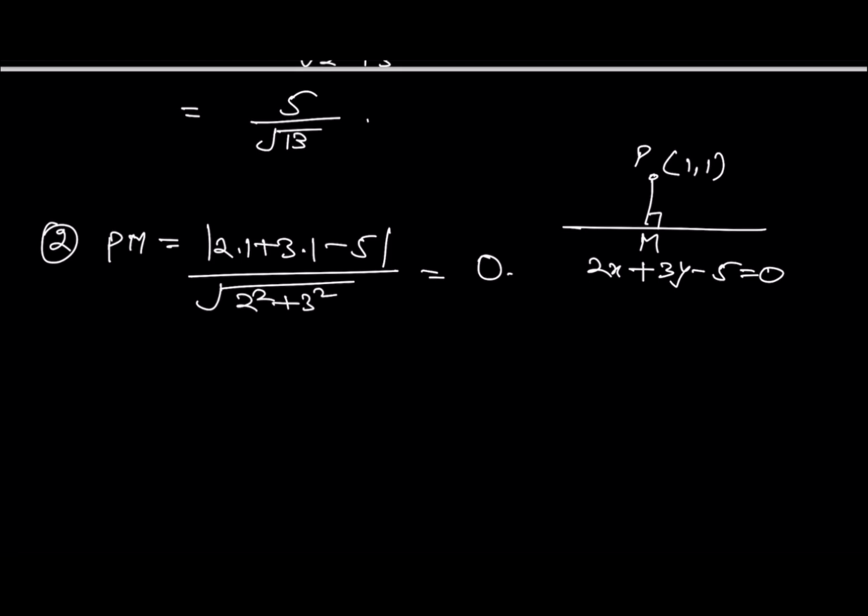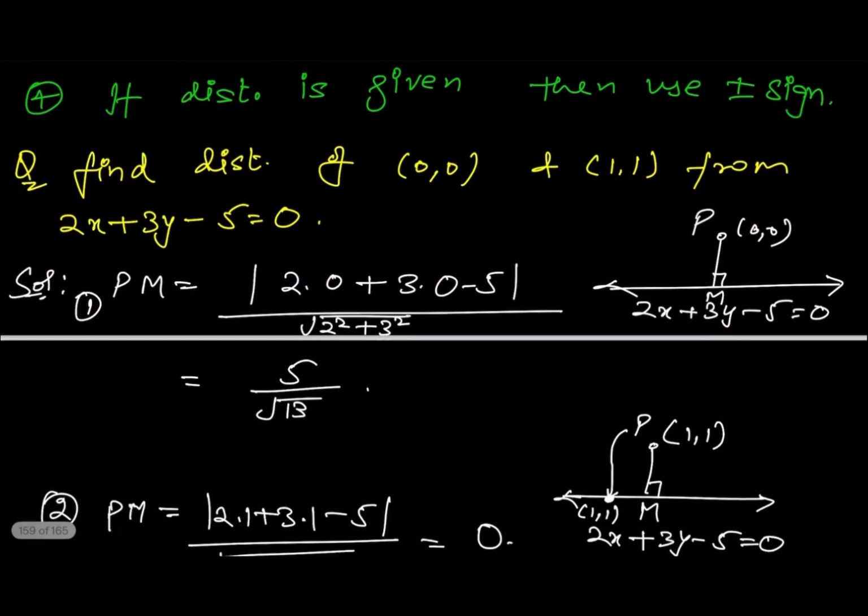It means that this point is lying on the line. Okay, only when the point is lying on the line does the distance become 0, right?